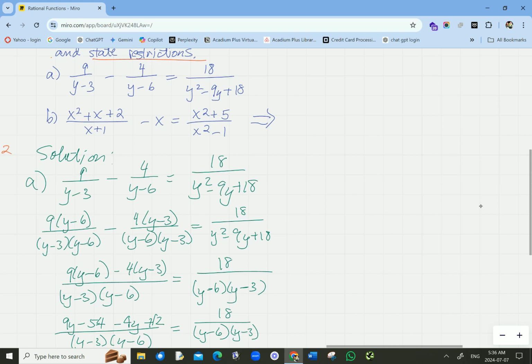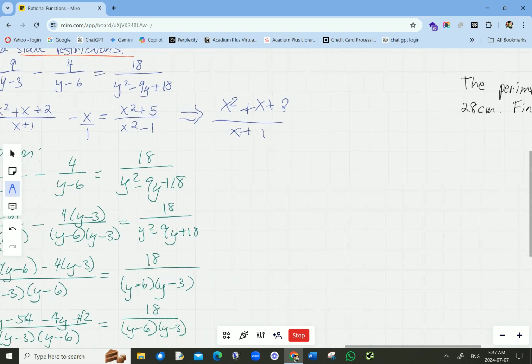All right, the first thing is we need to put everything over a common denominator. Let's start with the left-hand side. I don't think it's worth factoring the numerator, but our second term is negative x, and the denominator of that is 1. So to simplify the left-hand side, we need to multiply the second term by x plus 1.